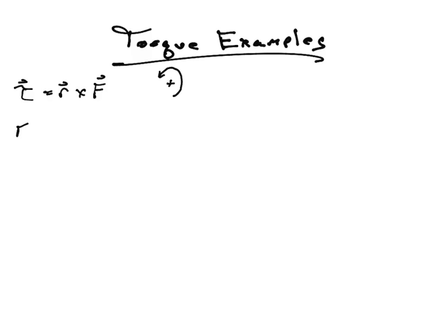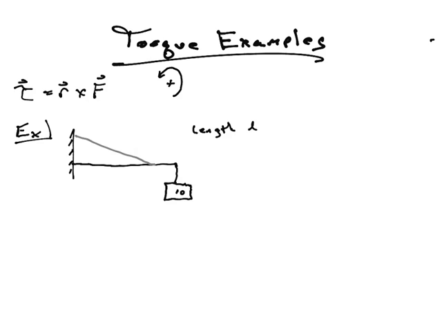All right, so let's start off with an example. This example is similar to one we did in the last lecture. We have a pole. Let the length of the pole be L. At the end of the pole will be hung a sign whose mass is 10 kilograms. This time, however, there will be a little wire which is tethering this pole to the wall, kind of holding it up, making sure that the pole doesn't collapse.